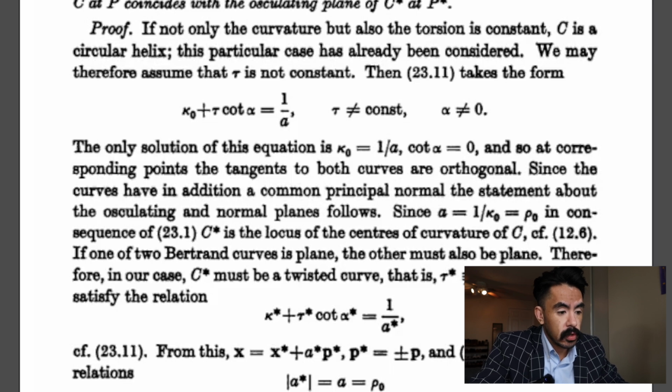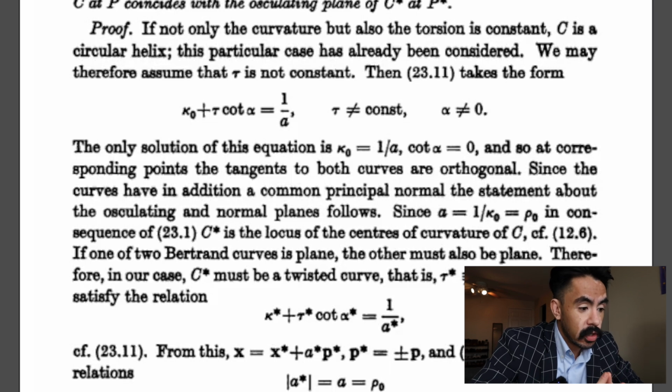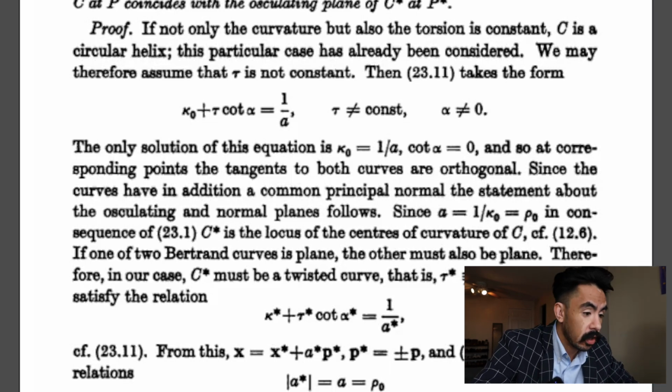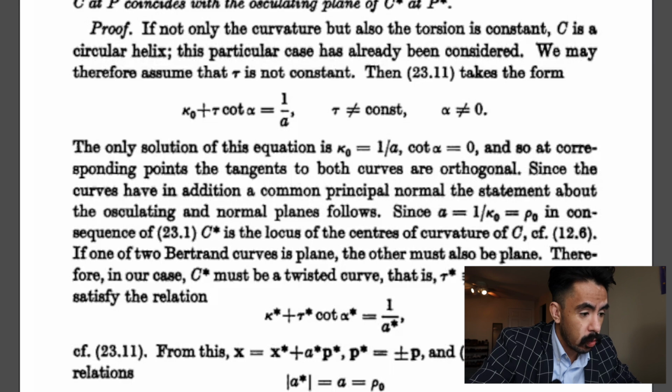Since A equals the reciprocal of kappa naught, or A equals 1 over kappa naught, which is equal to rho naught, the radius of curvature, given by the definition of the reciprocal of curvature, in consequence of the formula for the Bertrand curve of a given curve, then C star is the locus of the centers of curvature of capital C proper, which again you can see details of in section 12.